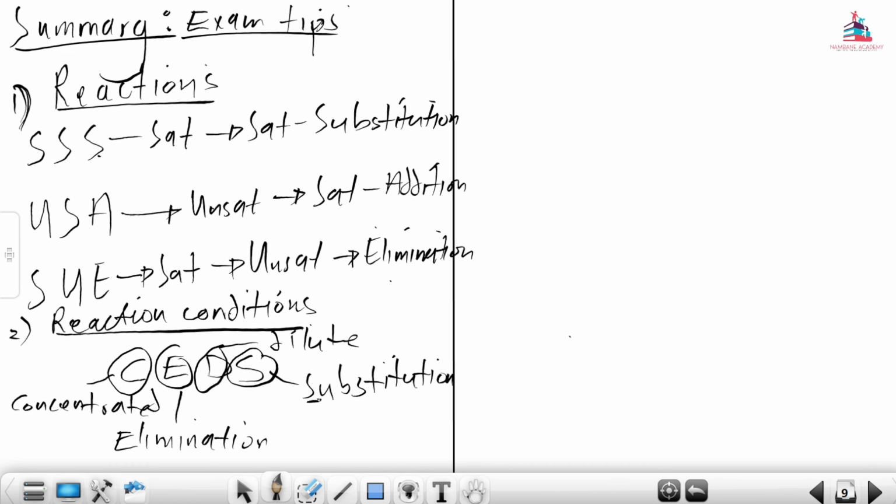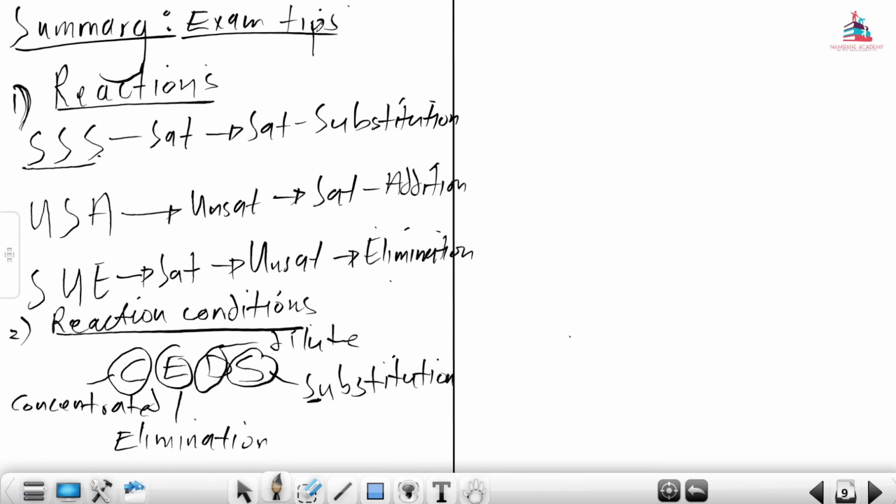And if it's substitution, it will feed now to this triple S here. So already, I will know what type of product is going to be formed. I will know what type of organic reactants I am going to get. Also, if it says concentrated strong base, I am going to know that reaction must be elimination. So for it to undergo elimination, I must start now from saturated to unsaturated.